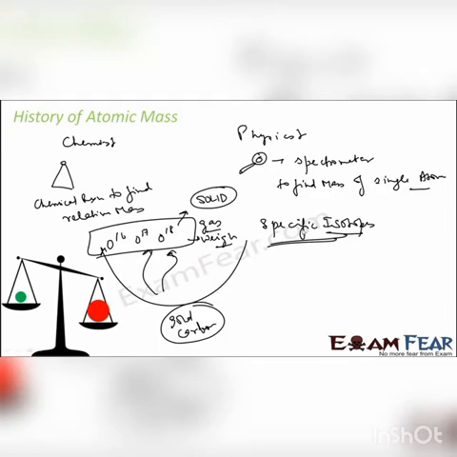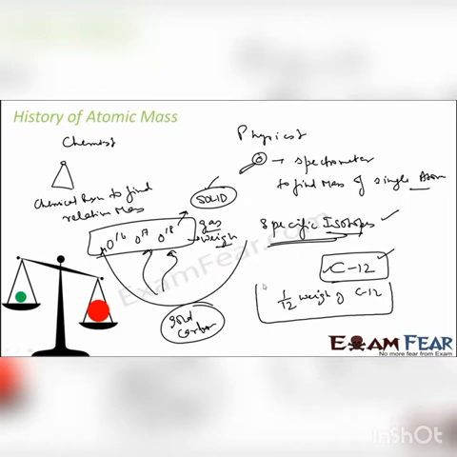Now what happened was, all these physicists and chemists met and decided, let's use the C12 isotope. Please note, since they were looking for a specific isotope, this is the C12 specific isotope, and these guys were looking for a solid, and carbon is solid. So they said the C12 isotope, and 1/12 of the weight of the C12 isotope, be the base unit of reference.